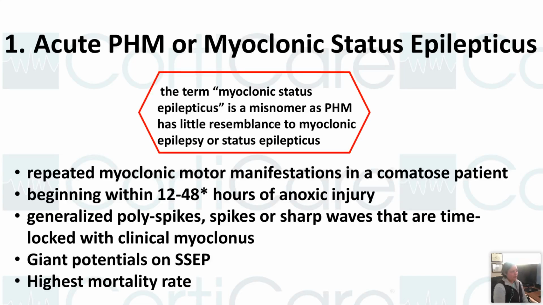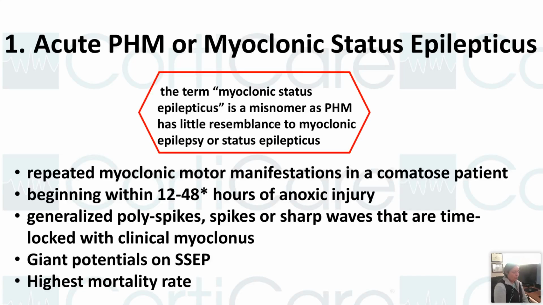So what's happening here? There is repeated myoclonic motor manifestations in a comatose patient. It starts within 12 to 48 hours. So different articles talk about different hours. Some are even talking after 8 hours. So I would say somewhere between 8 to 48 hours, this clinical sign will start to appear.